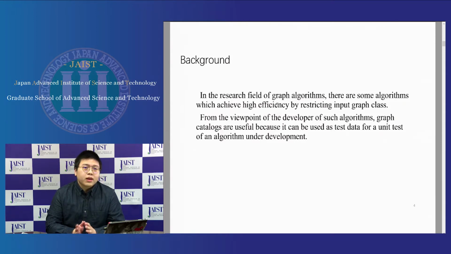We know that in the research field of graph algorithms, there are some algorithms which achieve high efficiency by restricting the input graph class. From the viewpoint of the developer of such algorithms, graph catalogs are always useful because we can use them as test data and for unit tests of an algorithm under development.